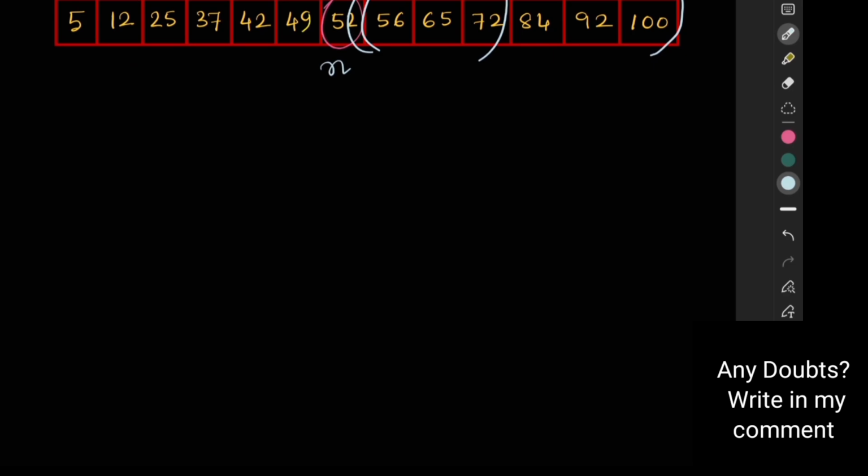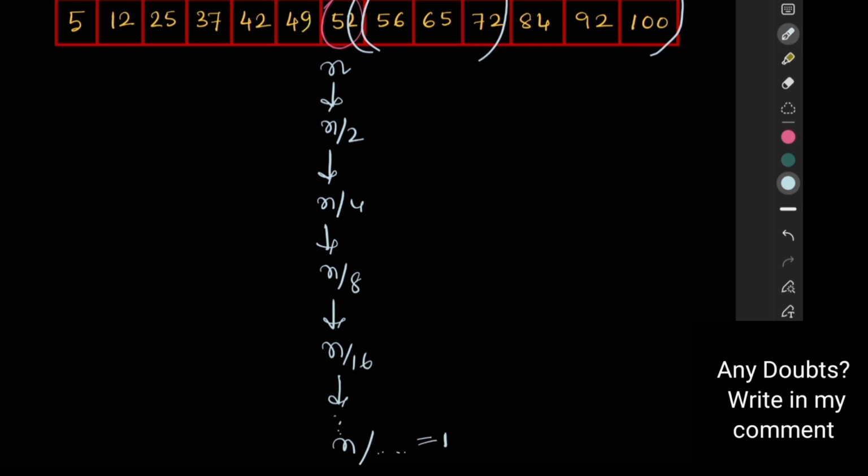So at first, if the number of elements is n, it will be cut into n by 2 in the next iteration, then n by 4. We know whether we get the index or not, at last only one value will be there. That means at last n by something will be 1, right?